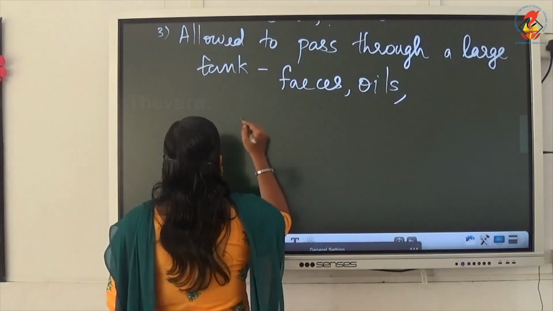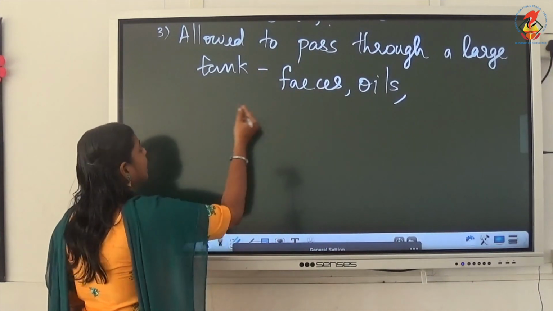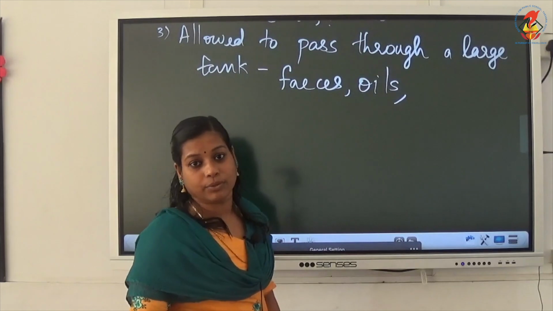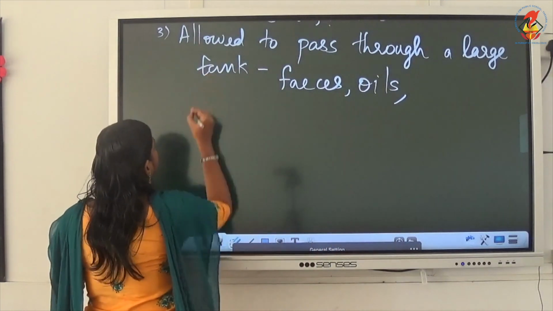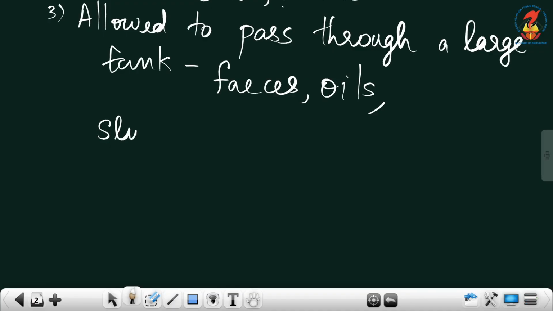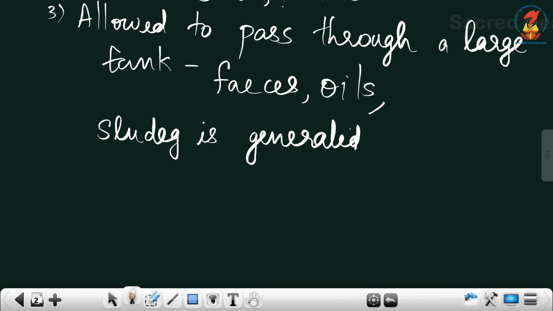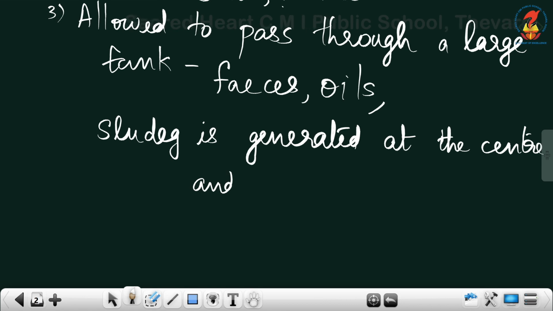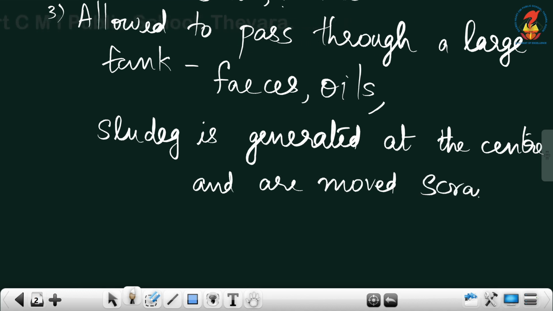So here I am not going to write in detail. You can go through your textbook. The important terms in this third stage I am writing: the sludge generated at the center of the tank and removed using a scraper.